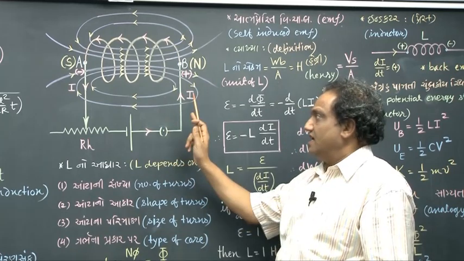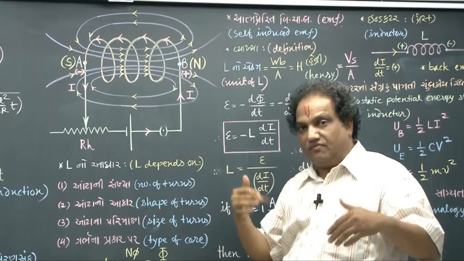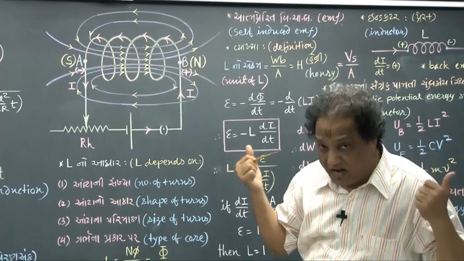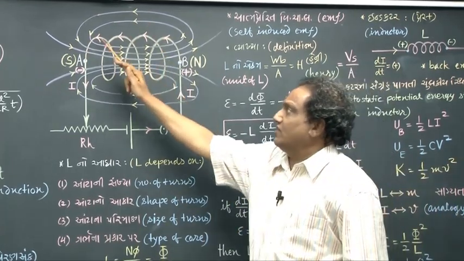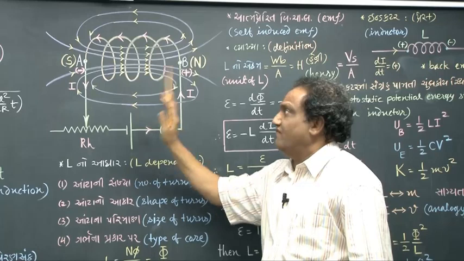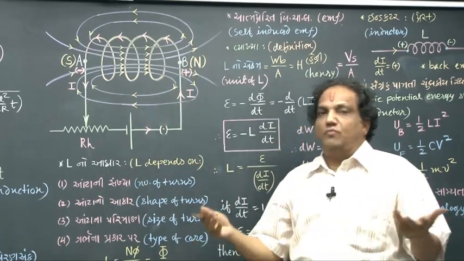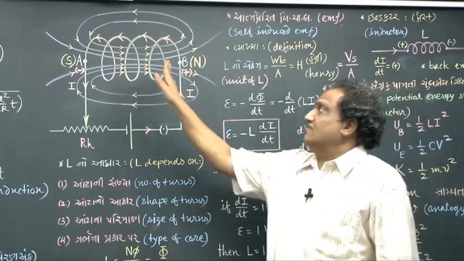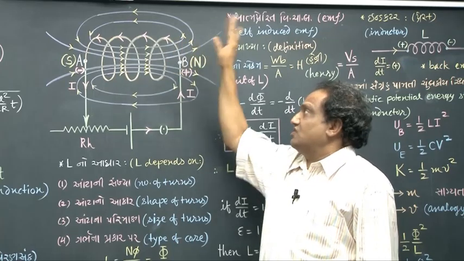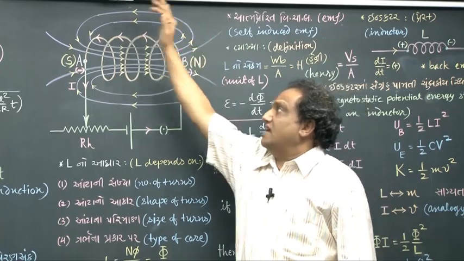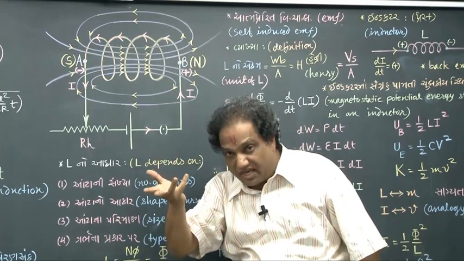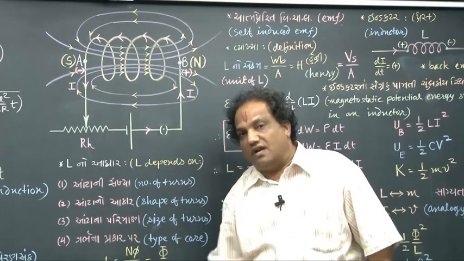So if current is passing through this coil, it will generate its own magnetic field. And the field lines for that magnetic field I have shown in the figure. Then you might have one question: why are these field lines emerging out from this end and entering from this end? What is the reason? The reason we had studied earlier.